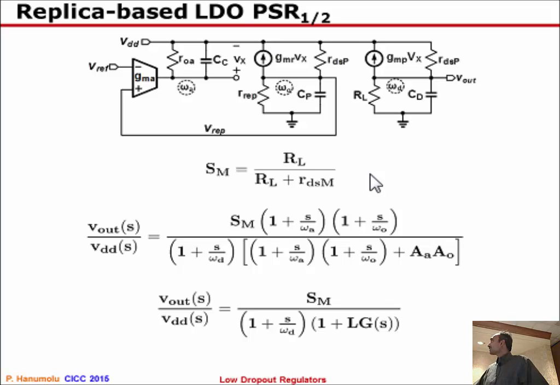Now, by placing it outside the regulator, I have this other degree of freedom to choose CD and RL based on how much power supply rejection I need and how much area I have in terms of realizing CD, right?